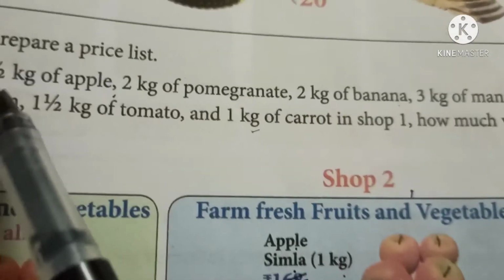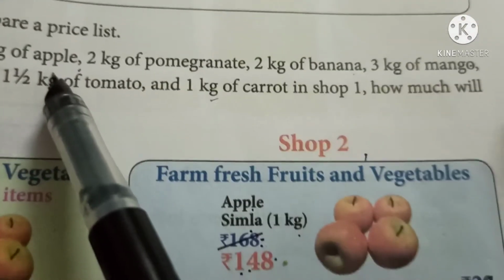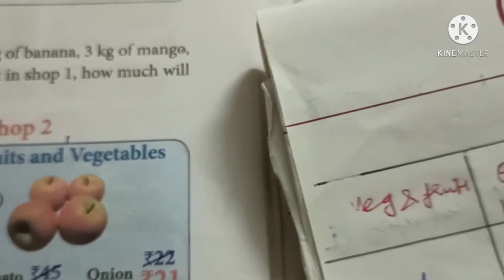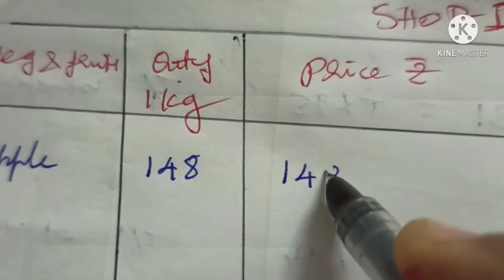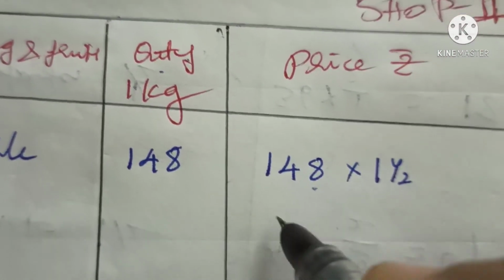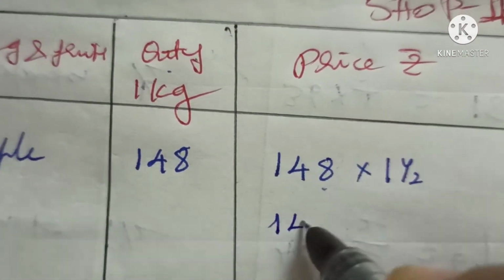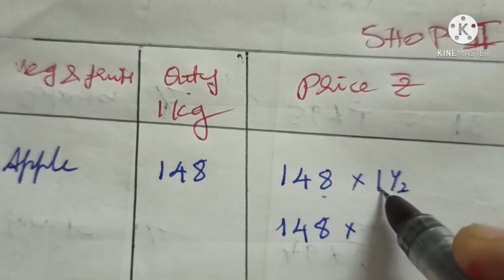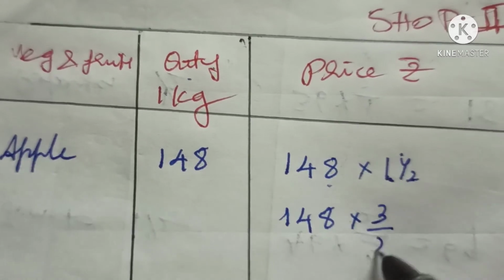First one, 1.5 kg of apple. So 1 kg of apple is 148. We need 1.5 kg. Therefore 148 into 3 by 2.